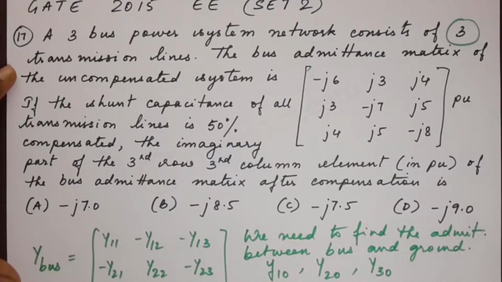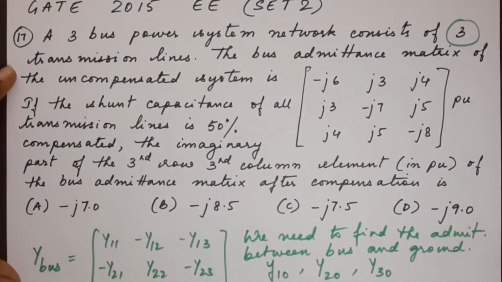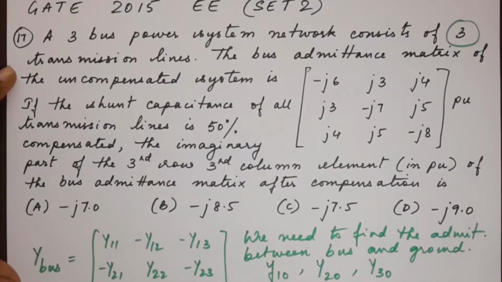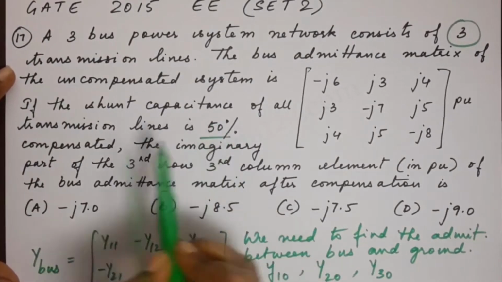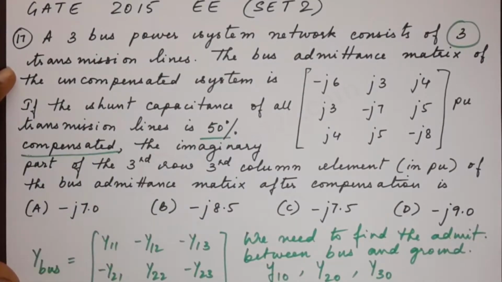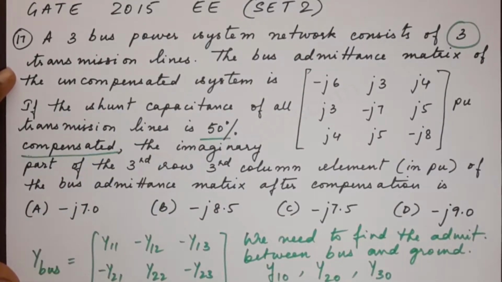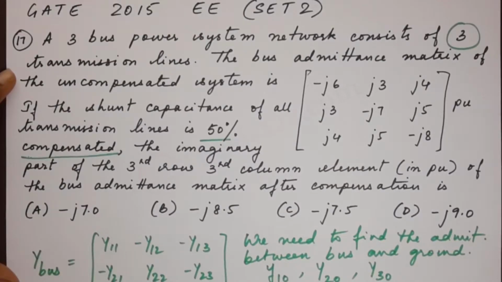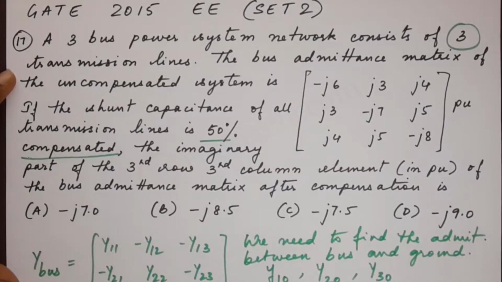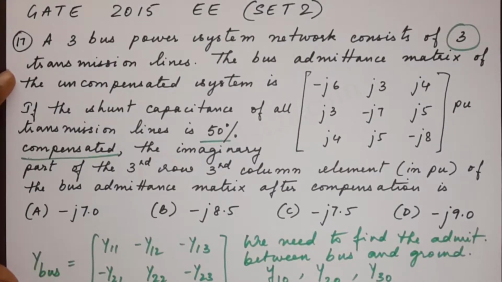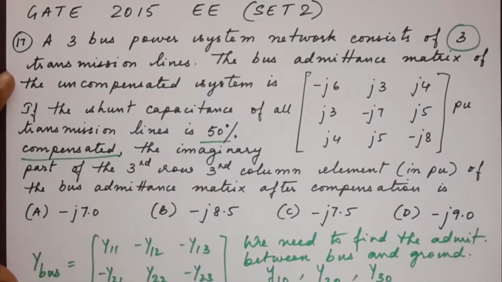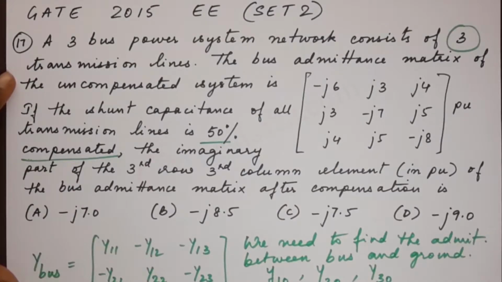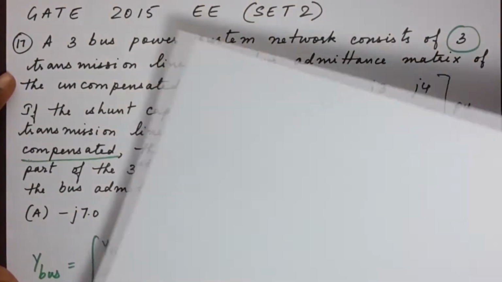Now the question says that all shunt capacitances are 50% compensated. Because they are 50% compensated, the values of Y10, Y20 and Y30 become half of it. In other words, they are 50% reduced.